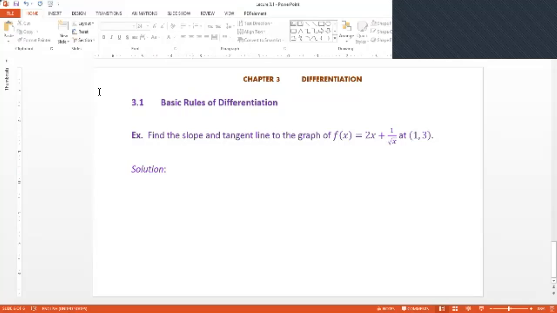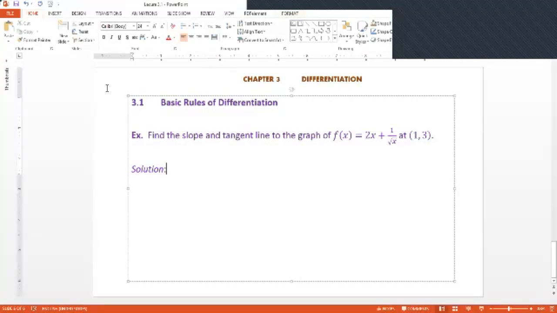So to find the slope of the graph, we just need to take the derivative of the function and then find the numerical value of the slope at this point. So the question is actually asking you to find the derivative of this function. That's the first step. So let's just find the derivative of the function.